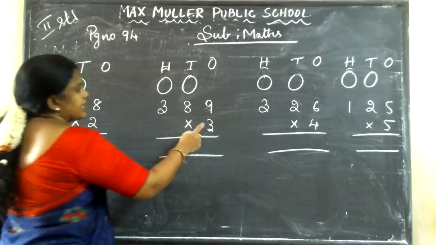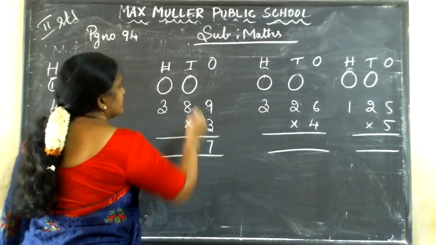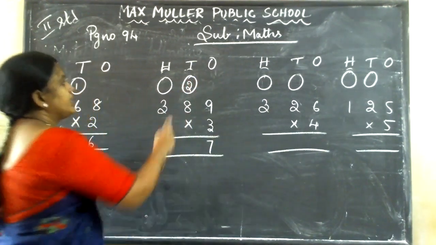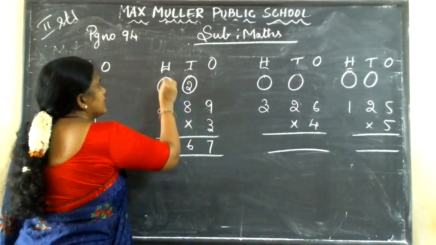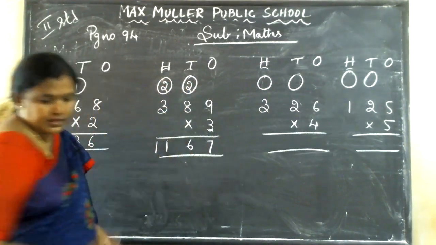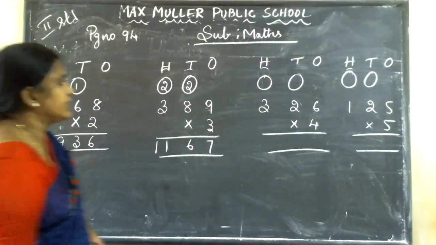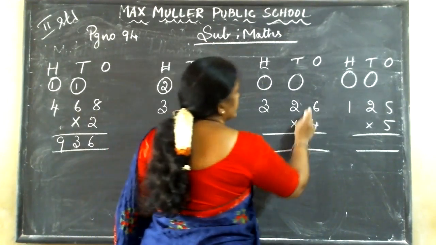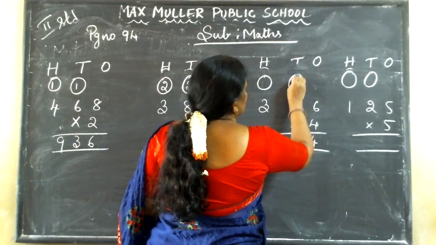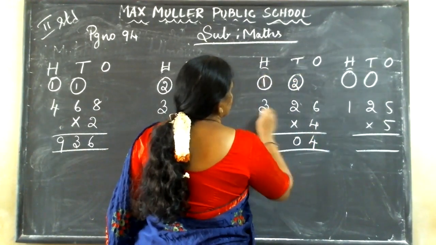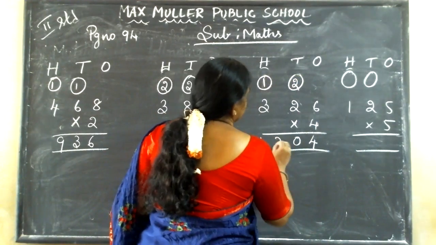Now next, 3 9s are 27. 3 8s are 24, plus 2, 26. 3 3s are 9, 9 plus 2, 11. 1167. Sorry, 1167.